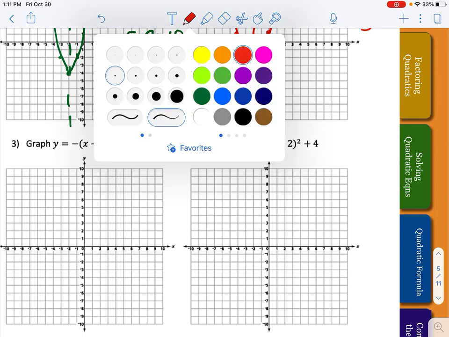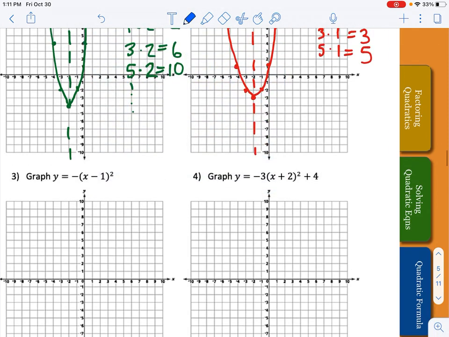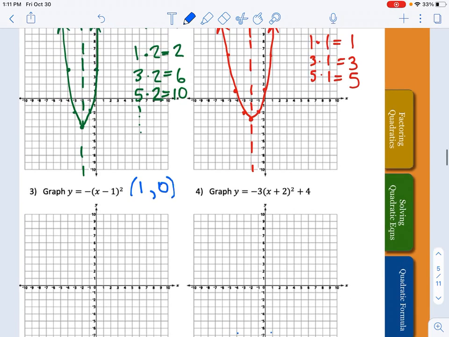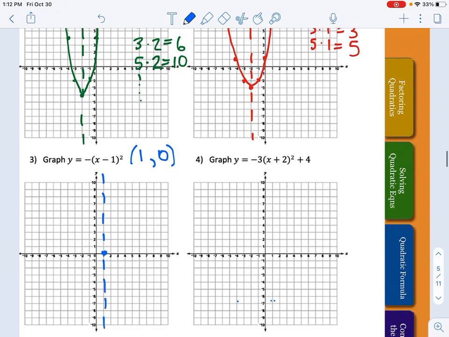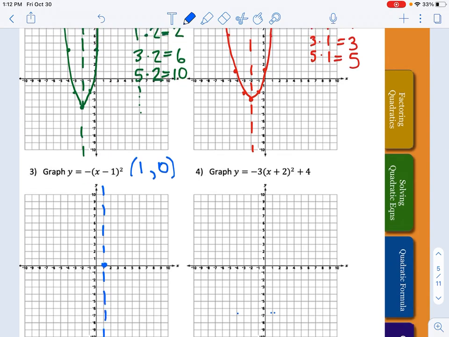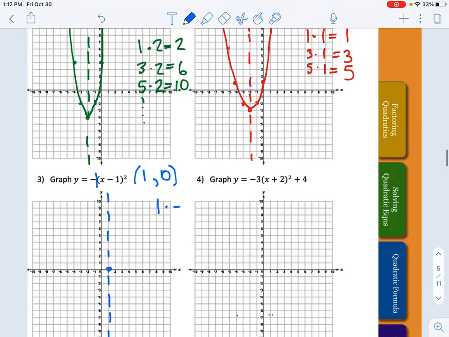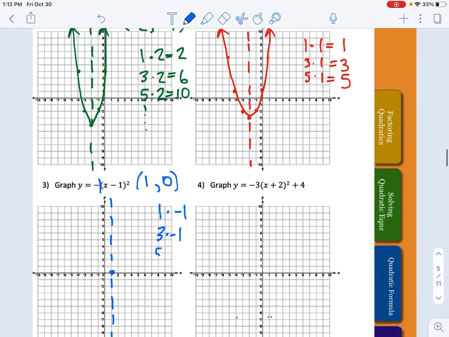All right, another example. We need our vertex, opposite of h, comma k. There's no k, it's just a 0. Graph it, over 1, up 0. Draw in the axis of symmetry. Now notice this is a negative 1 a value, so we are going to have 1 times negative 1, 3 times negative 1, 5 times negative 1.